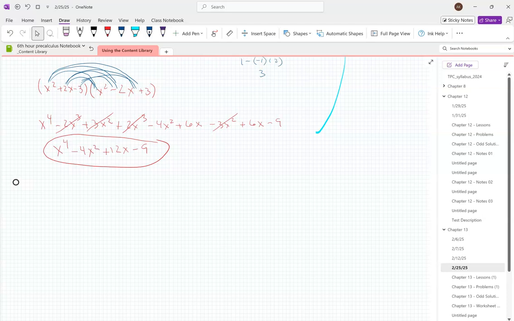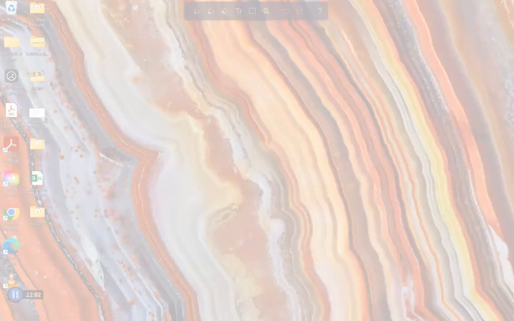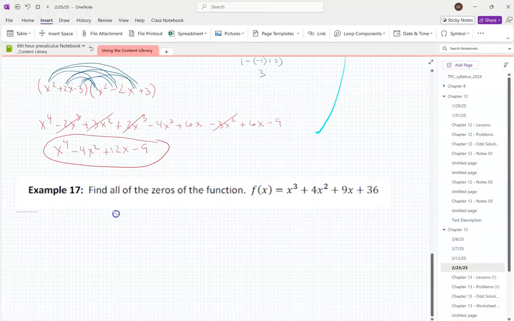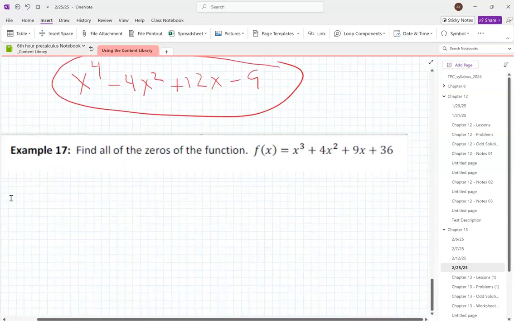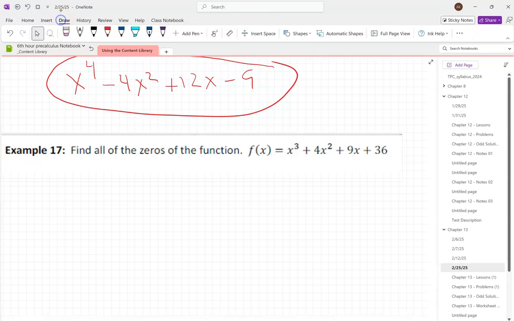Let's now look at some more examples here. So here it asks us to find all the zeros for this function.